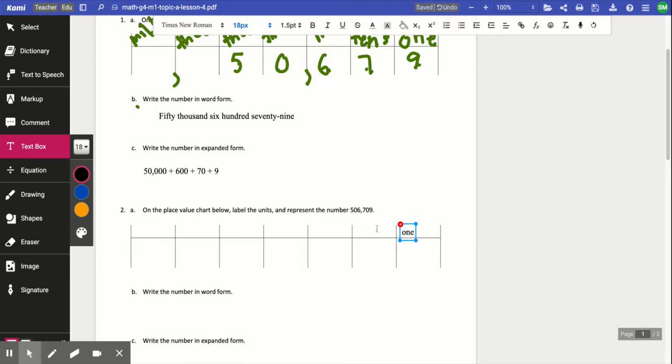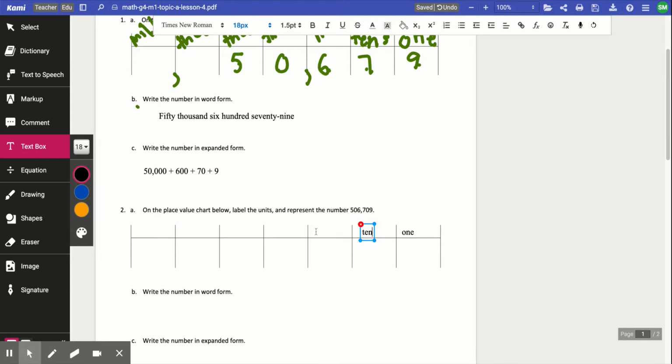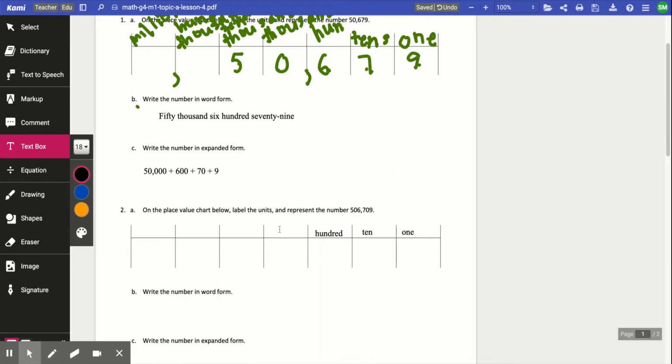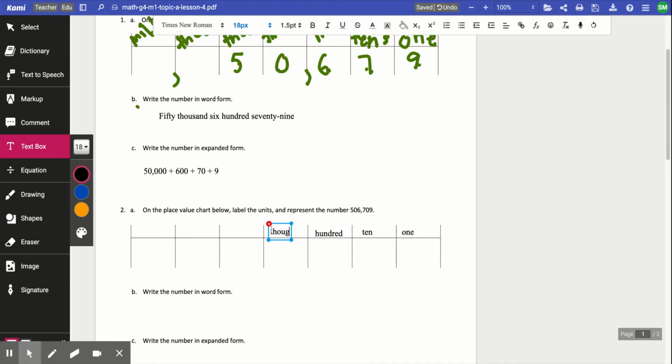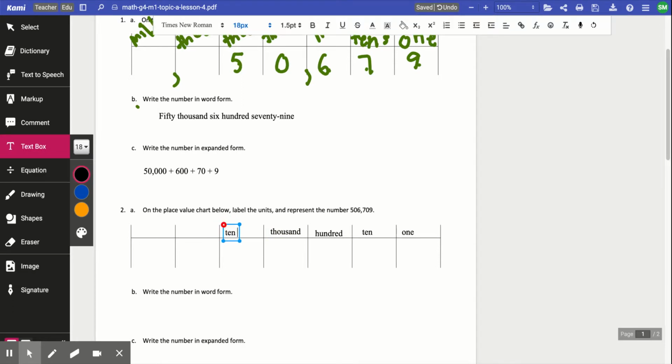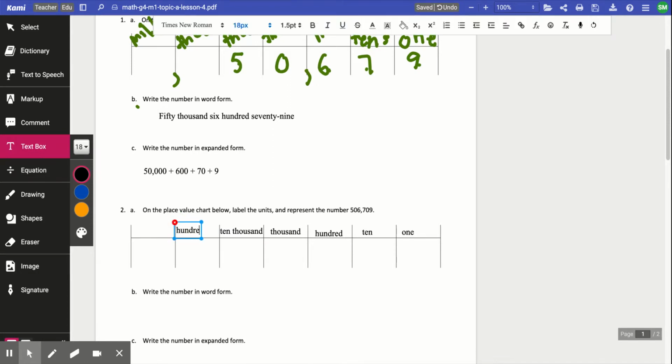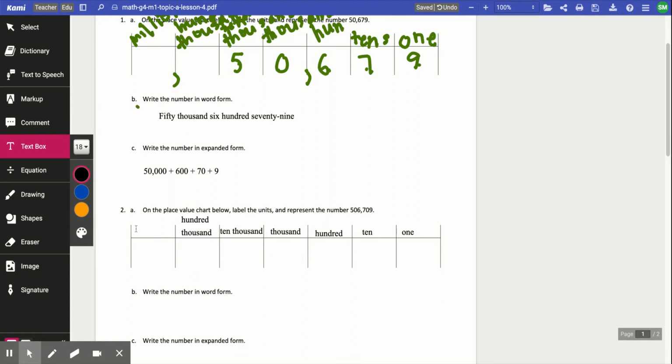I learned something. 1, 10, 100, 1,000, 10,000, and I can slide it over there. This is 100,000, and notice how I made 2 levels, and then million.